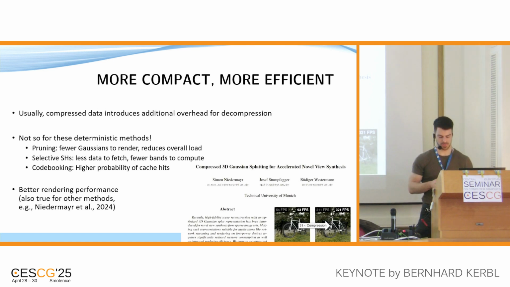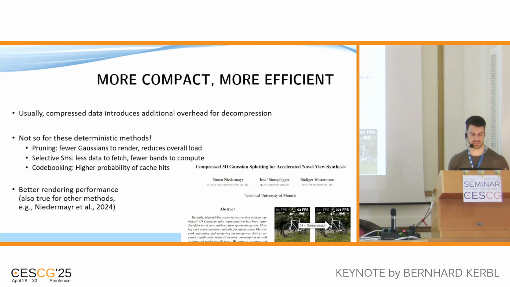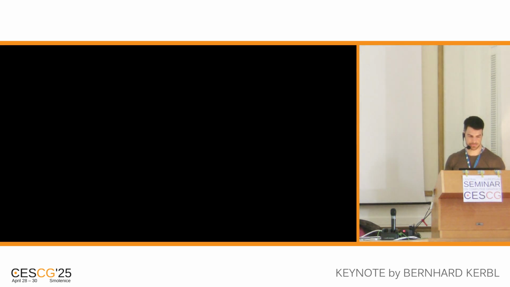And it's not so much us who found the most impactful example of this, but other colleagues, Niedermeyer and colleagues, who did this research and presented it, I think, somewhat simultaneously to our research, but with a stronger focus on faster rendering, which was quite nice to see.